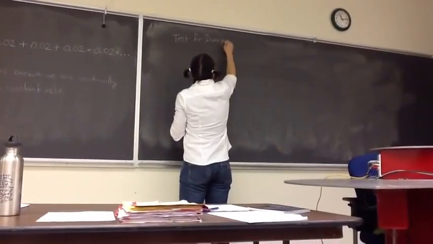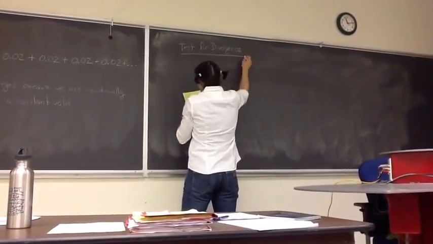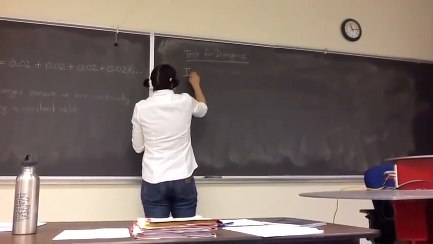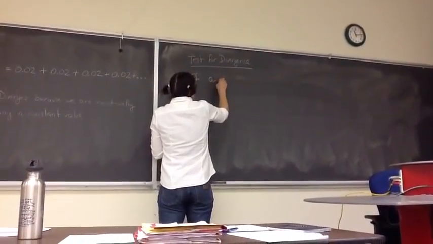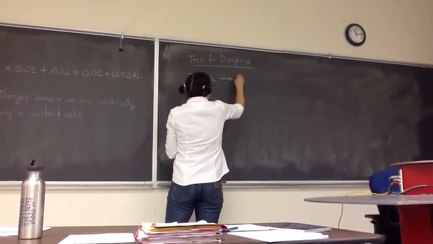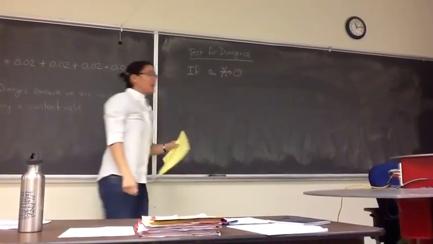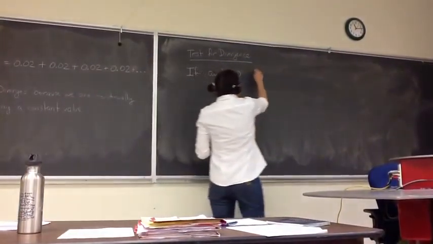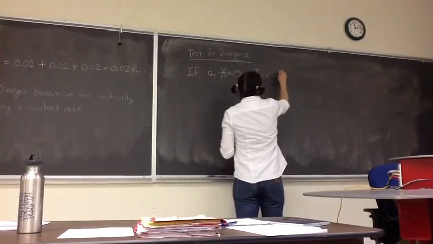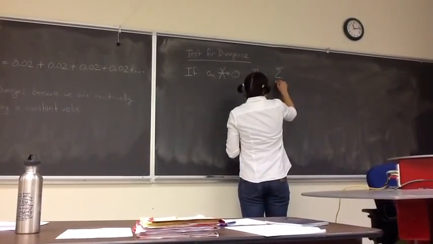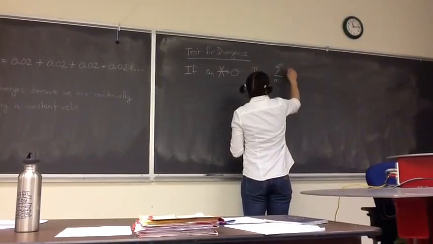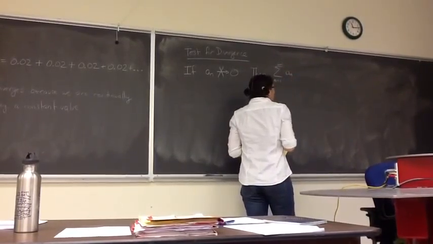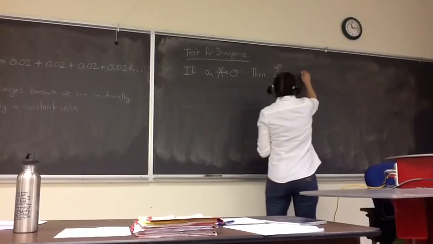The test for divergence says if the terms of our sequence do not go to 0, then our series, the sum where n goes from 1 up to infinity of all of our sequence terms, diverges.